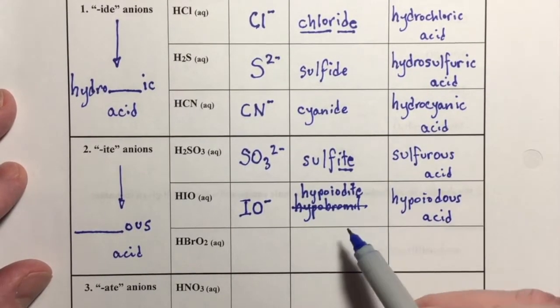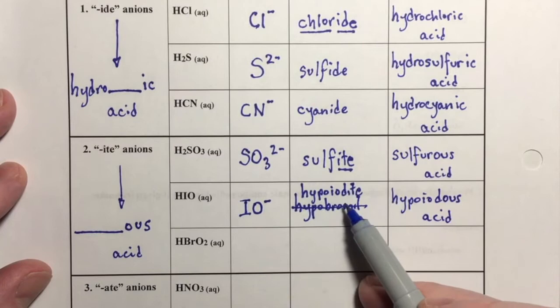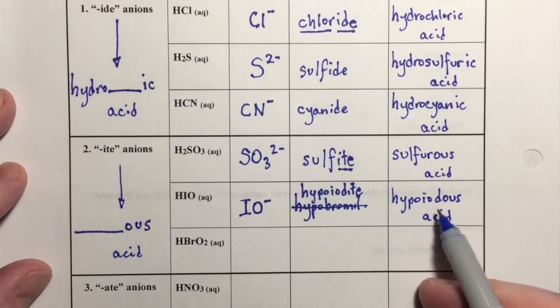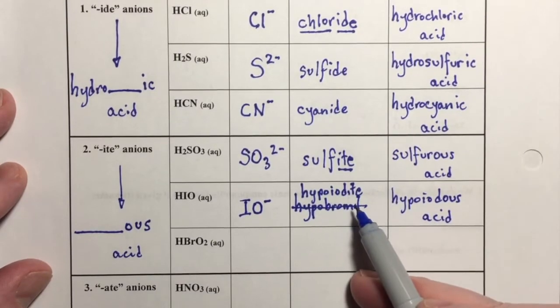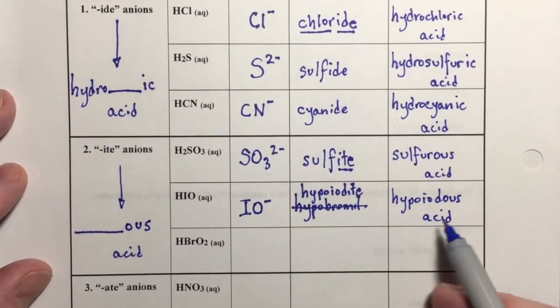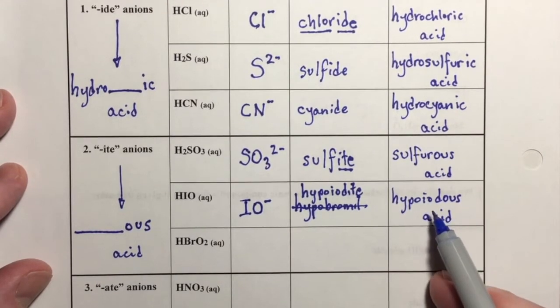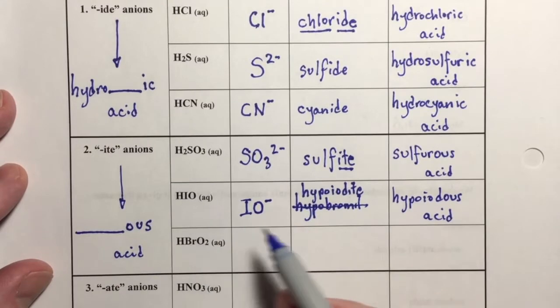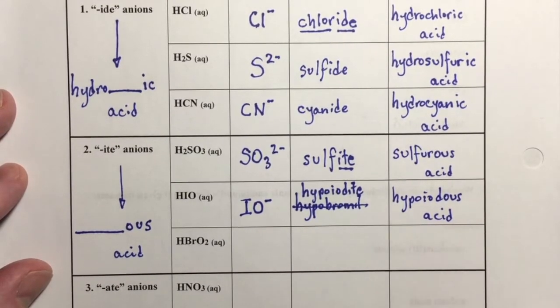So yes, this was a little tricky because it had a hypoiodite anion, and that may have thrown you a little bit in how to determine its root word. But it follows the same pattern. You take the last three letters from the name of the anion and use that as the root word. Then you add the OUS ending. So this is the hypoiodous acid. Hypoiodous acid coming from the hypoiodite anion.